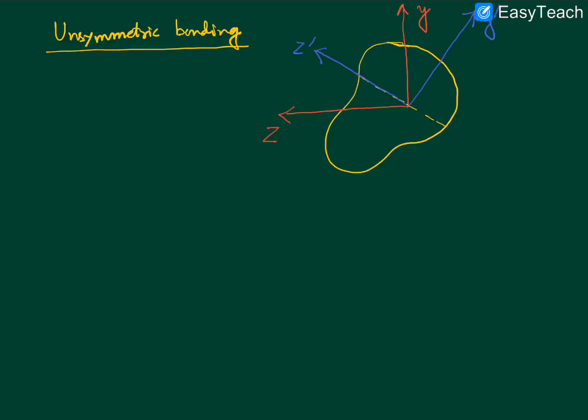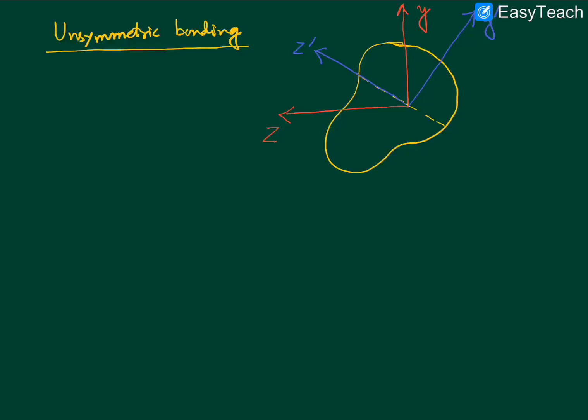The arrows denoting that sigma xx will be pointing out of this, and correspondingly the lower part, the part below the z dash axis, will be in compression, and the arrows will be pointing into the board here. Okay, but that is only a very qualitative picture. How can we develop a more quantitative picture for this?